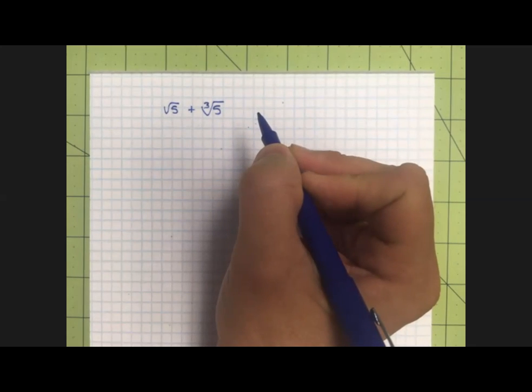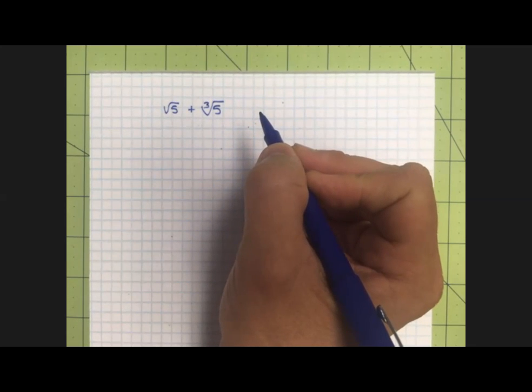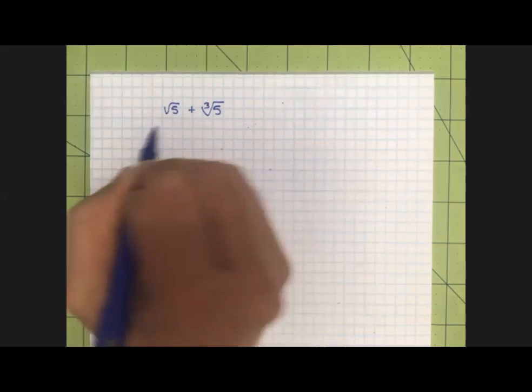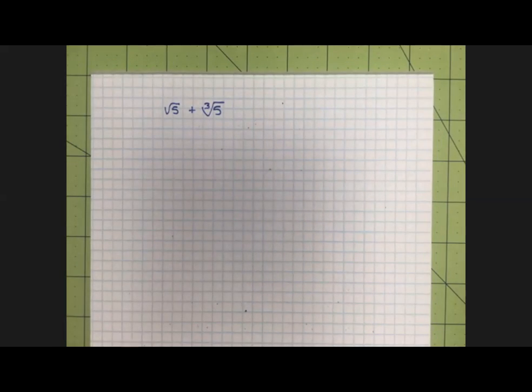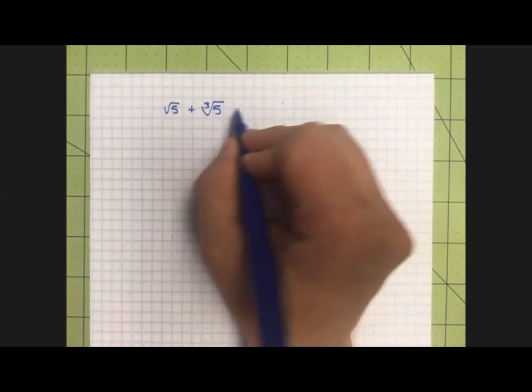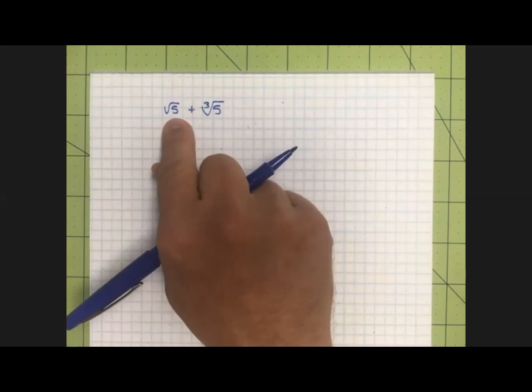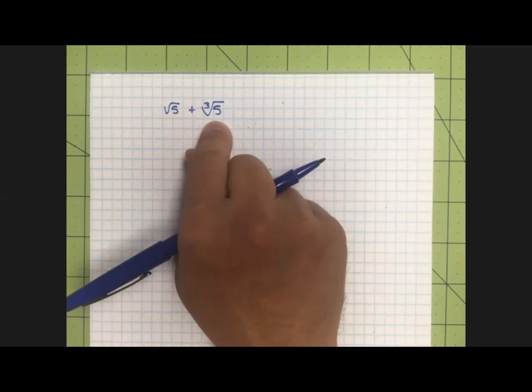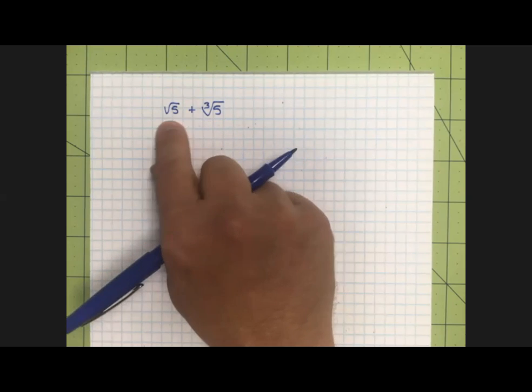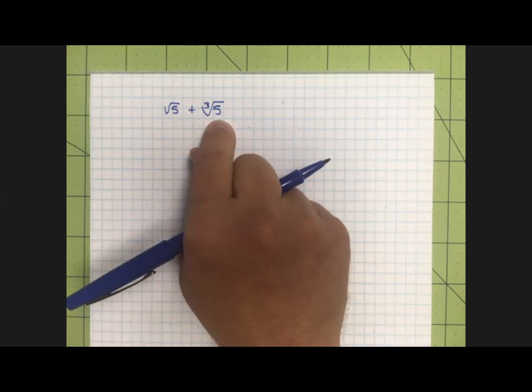The answer is yes, they can be combined, but not necessarily in an inexpensive way you might wish. Let's look at this. But that's a great question. Your brain is telling you that I should be able to combine these somehow. And the answer is these can be combined, but maybe not in the way you expect.